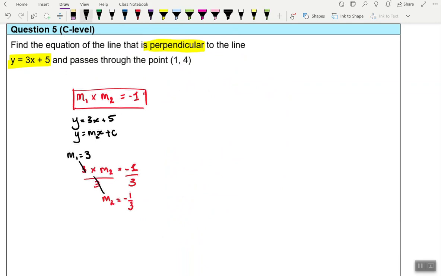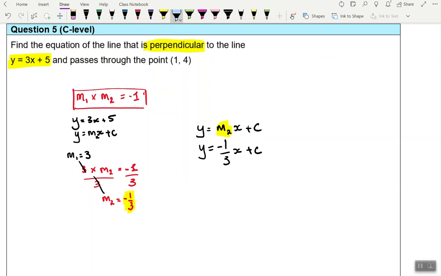Now, this new equation of ours should be in the form y equals m2x plus c. I already know what m2 is. m2 is my -1/3. So I'll rewrite this and say y equals -1/3 x plus c.